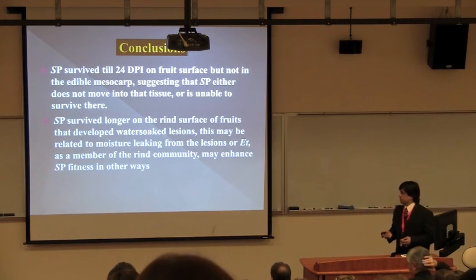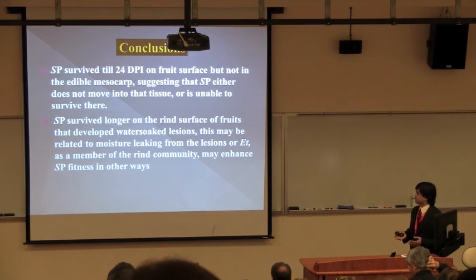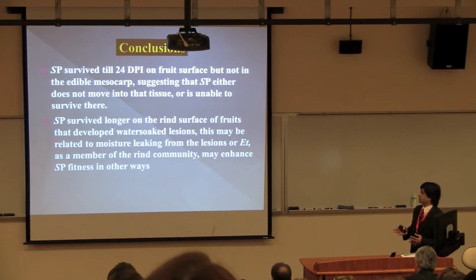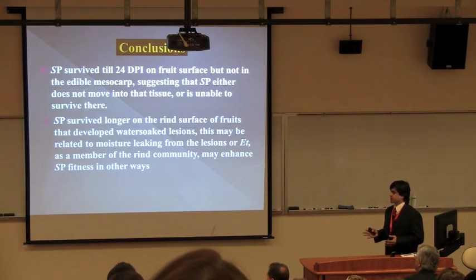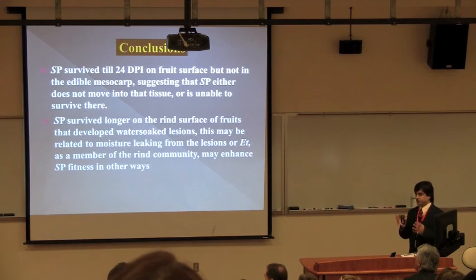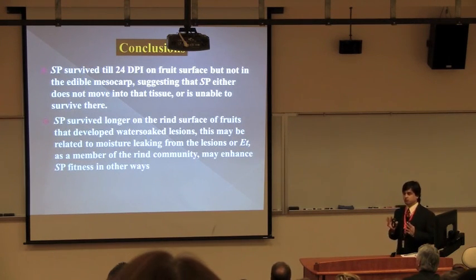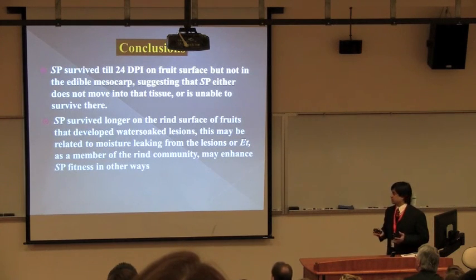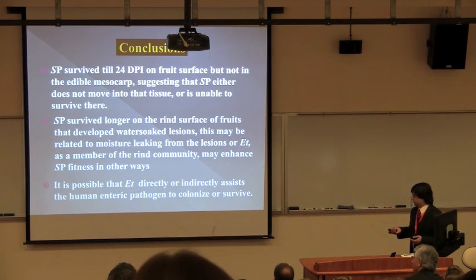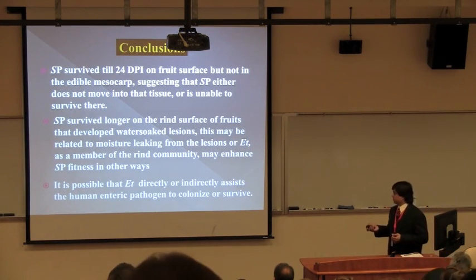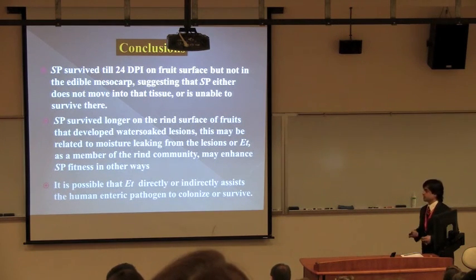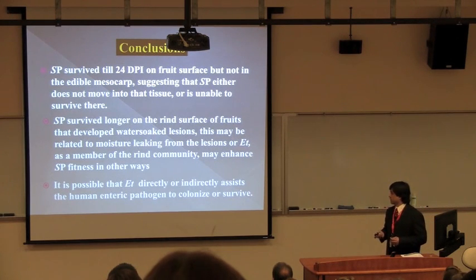And we now know that with the presence of Erwinia, Salmonella can survive for a longer period of time when both of them are inoculated and with the lesions. If there is no lesion, there is no Salmonella. We found that, but this was not significant. So it is possible that Erwinia directly or indirectly assists the human pathogen to colonize or survive.